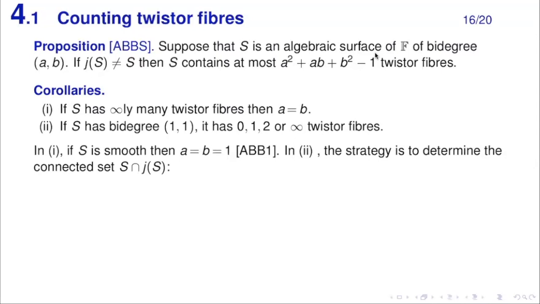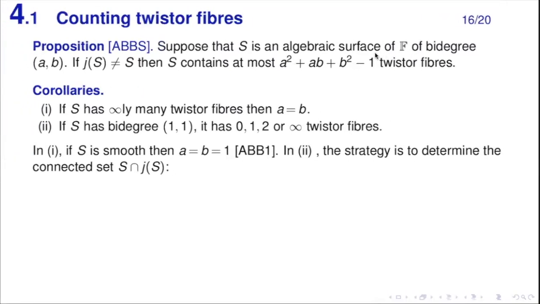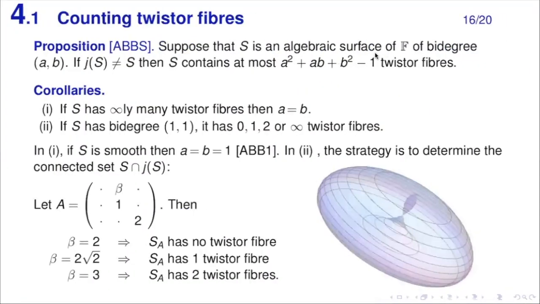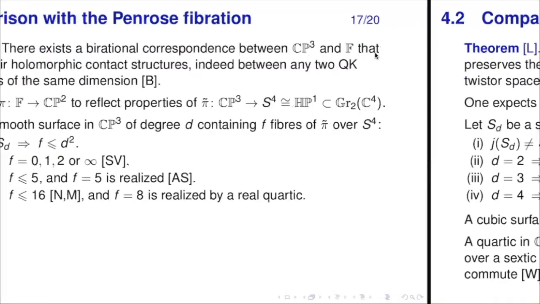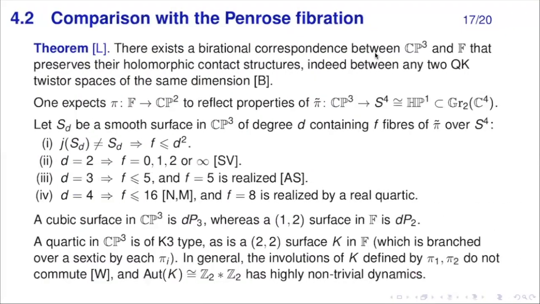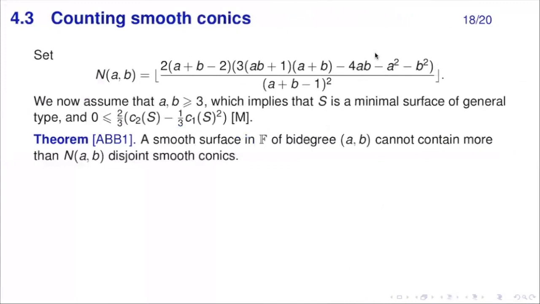Let me just finish with one newer result that my co-authors found more recently. And that is this result here. I did a comparison with CP3, but that's work in progress. Although these are birational, CP3 and the flag manifold, it's not so clear how you can convert one theory to the other.